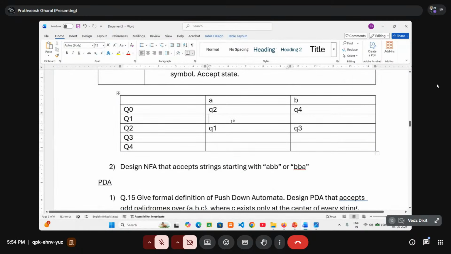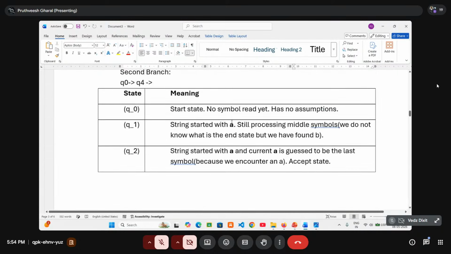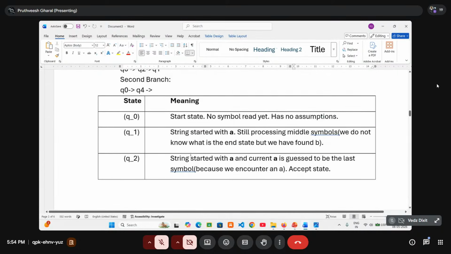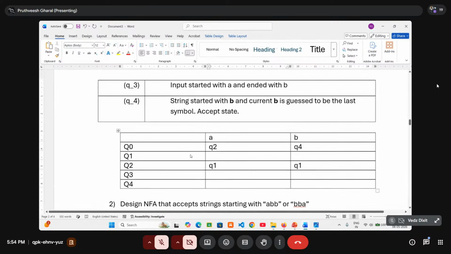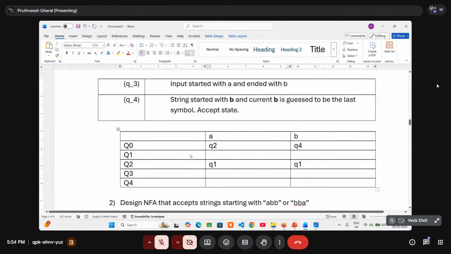So let's define it here. Q2, Q1, then Q2. Again, it will move to Q1 and Q4.